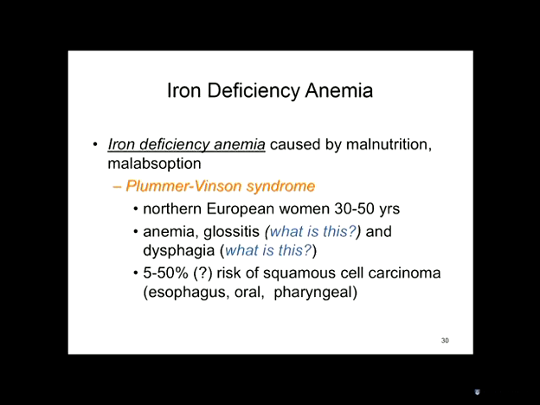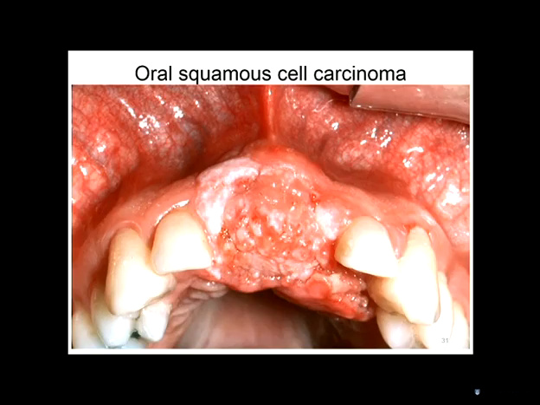That is the oral cavity, the pharynx, or the esophagus. So if you have a Northern European patient with these kinds of signs and symptoms, they need to be followed, and endoscopy is something that they need to undergo on some regular basis to not let the lesion become as big as this one.